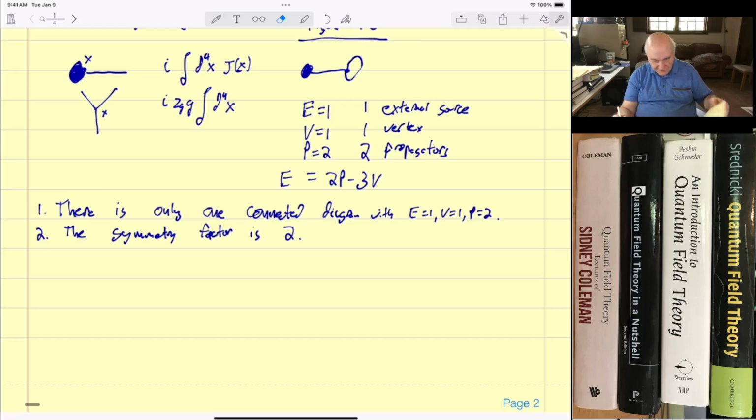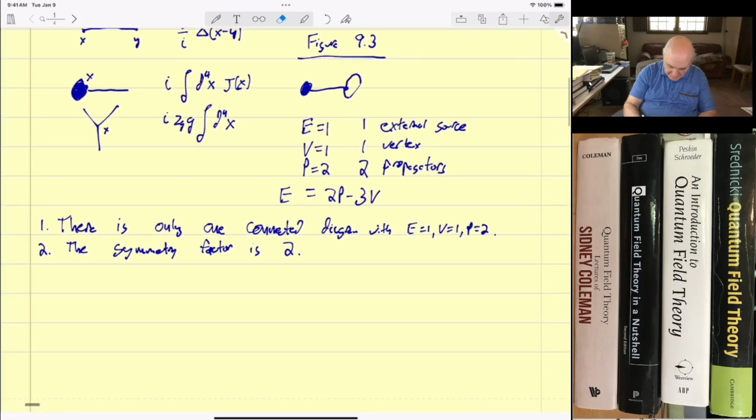So let me start. First, let's do the dictionary for the diagram. For the diagram, figure 9.3, which I show above. This is it.